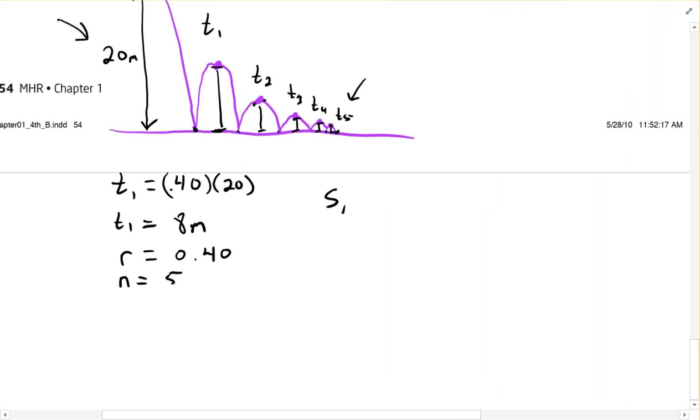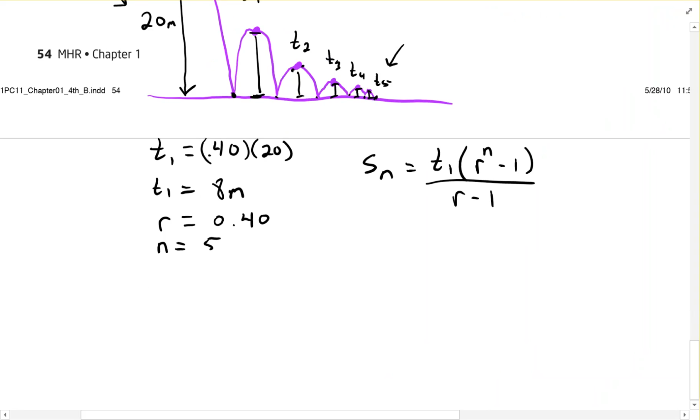So now Sn is equal to, okay, let's fill out what we know here. So Sn is going to be, T1 was 8, R was 0.4, N was 5, minus 1, all over 0.4 minus 1.